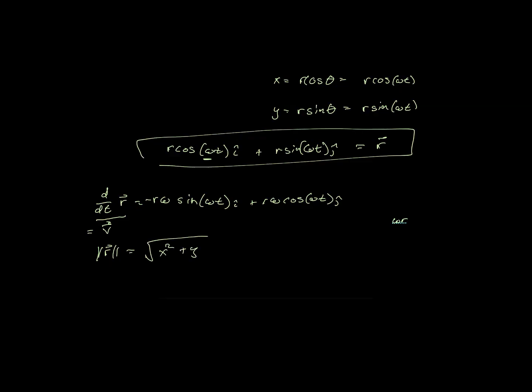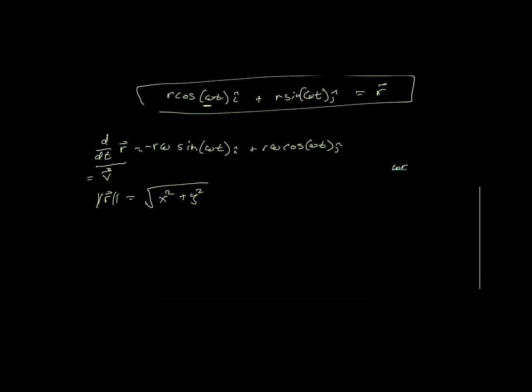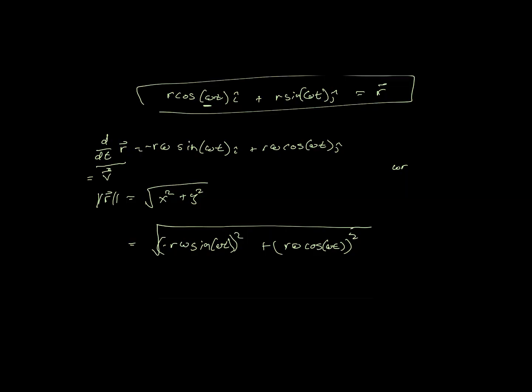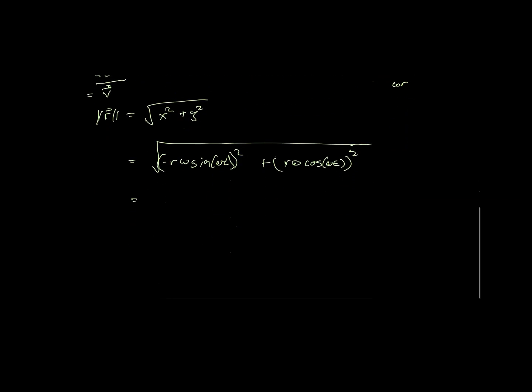equals the square root of x squared plus y squared. This is the magnitude. And so this is equal to the square root of minus r omega sine omega t quantity squared plus r omega cosine omega t quantity squared. And I think you all see it, but I'll just spell it out anyway.